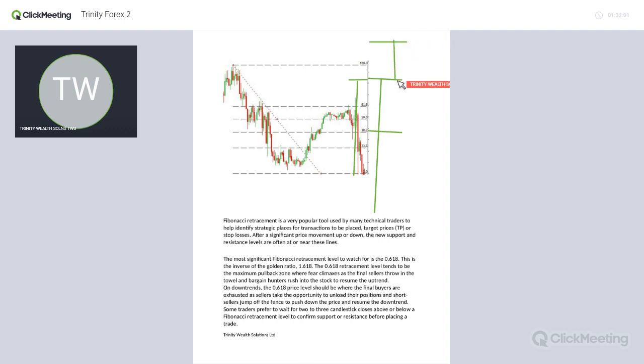Because if I entered here and my stop loss is here, that is the risk I'm taking for an opportunity to make that number of pips. So it means I can risk more because of the good risk reward ratio. So hope you got that. Hope you got how to use Fibonacci ratios to decide where to enter.